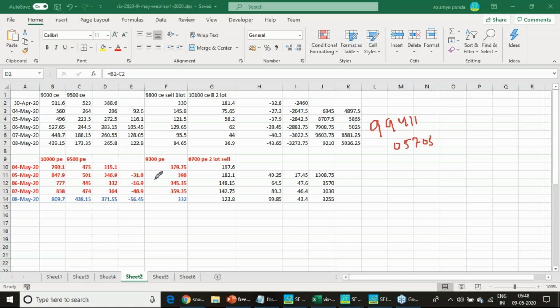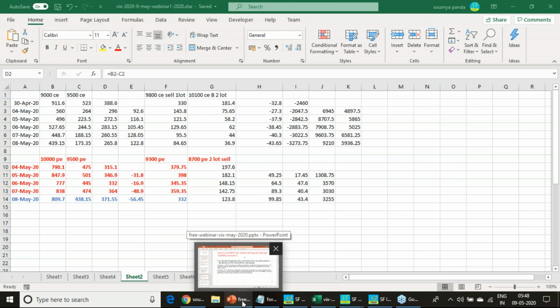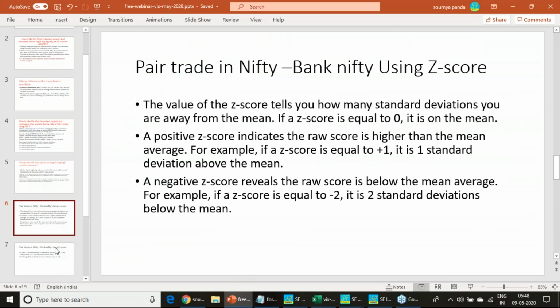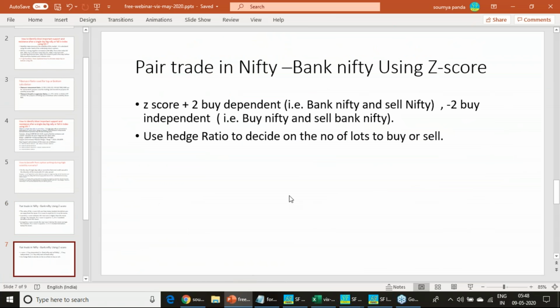So that area I am talking about now. Today's program is nothing about the intraday. So this is one of the beautiful concepts you can implement in case a single day rally or fall happens. But that must be a single day rally or fall.